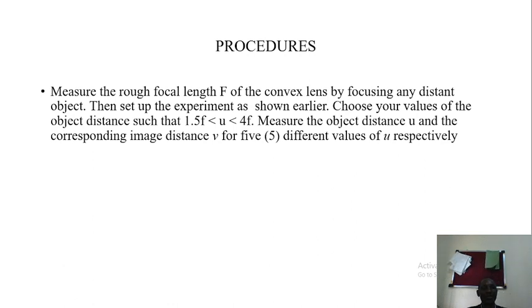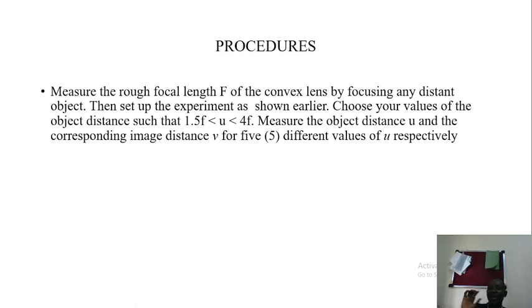The procedure is you measure the rough focal length of the convex lens. It is called rough because it is not the exact focal length of this lens. How do we measure it? We do so by focusing a distant object, maybe a pole or the wall of the building where you have a reflection of light from the window.